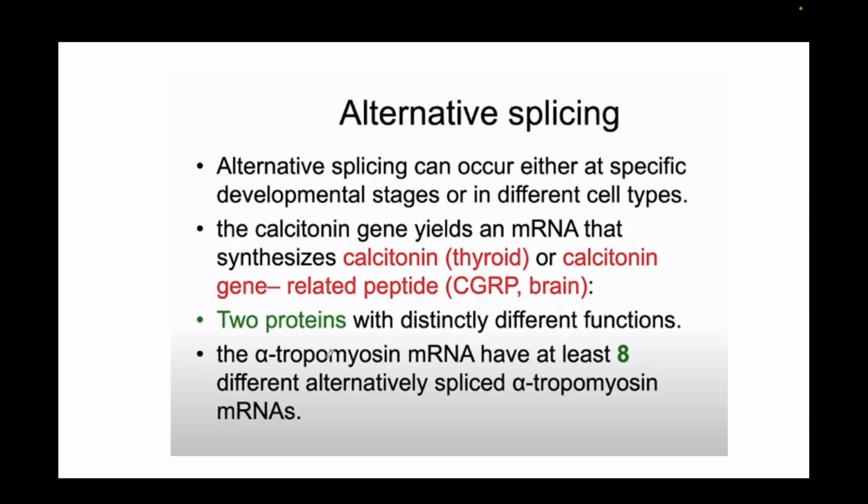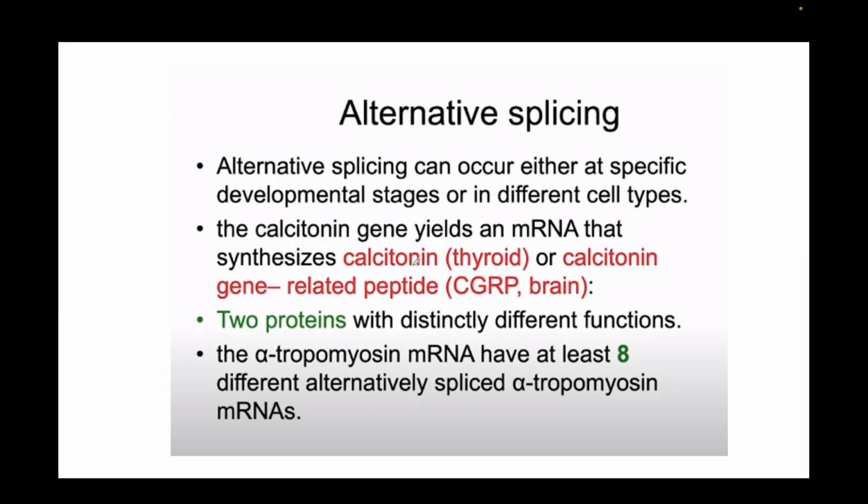So it can differ in different species or organisms, and also in different cell types. It depends upon which cell is performing which function. Depending upon that, alternative splicing takes its role.